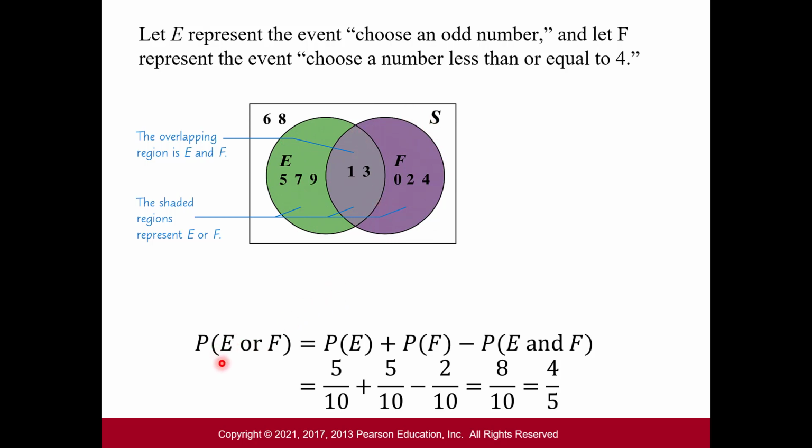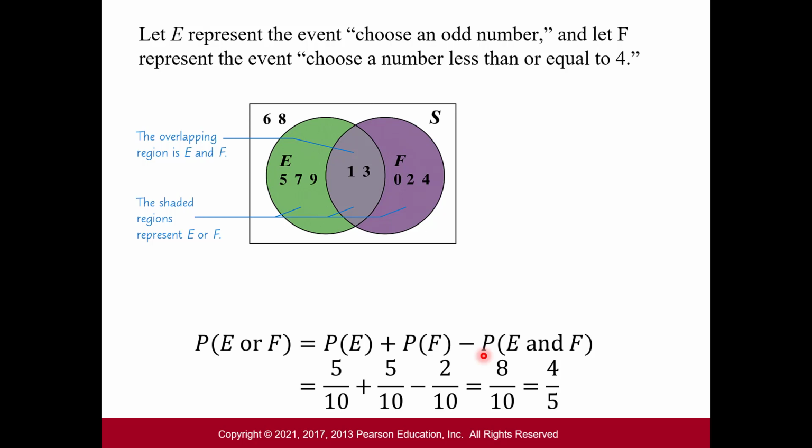So the probability of E or F, in other words, the probability of choosing an odd number or choosing a number less than or equal to 4, we have to use a different rule to account for the overlap. So notice it's similar to our rule for disjoint events. It's the probability of our first event plus the probability of our second event, but there's an overlap, so we actually account for that by subtracting.